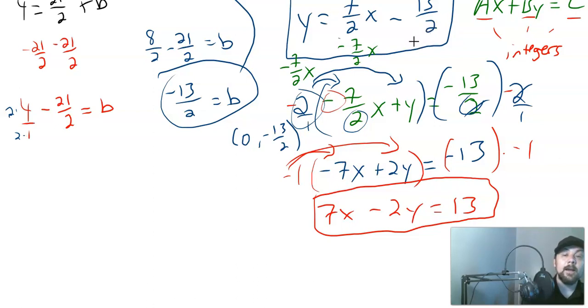Either way, oftentimes Math Excel will not let you plot points that are decimals. They have to be whole numbers in order for you to plot those points. So the y-intercept is a fraction, and then if you use the slope on top of that, the other point you get will also have fractions in it as well, or decimals, if you will, and may not be something you can graph on the Math Excel graphing tool.